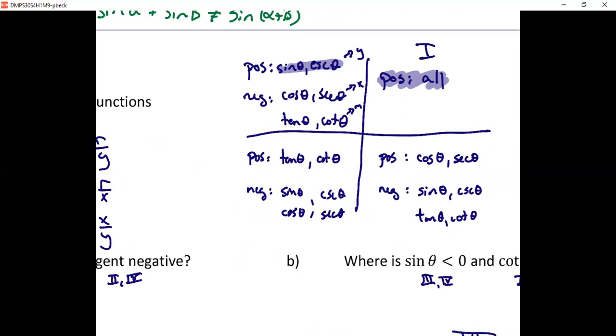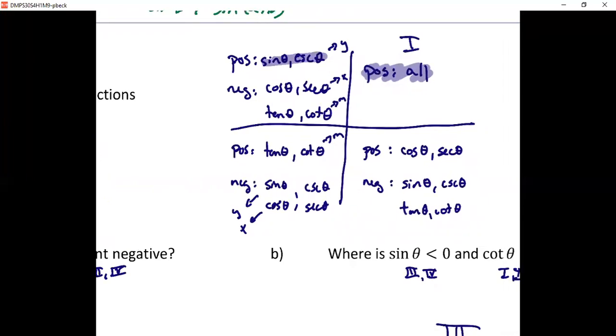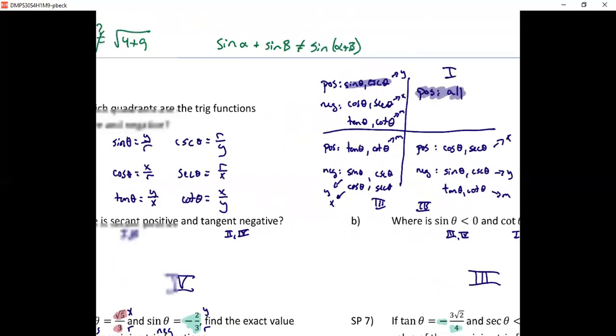In quadrant 3, our slopes are now positive, but both the x value and the y value are negative, which is why those trig ratios are negative. In quadrant 4, the x values are positive, but the y values are negative and the slopes are negative.